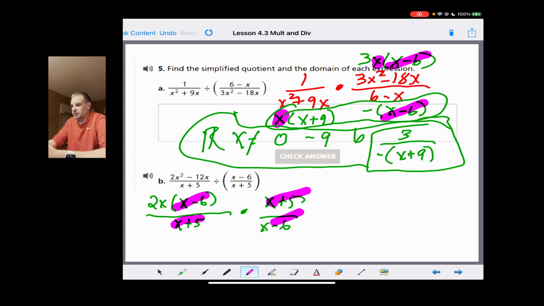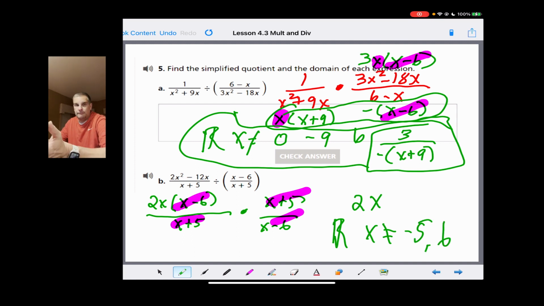Cancel, cancel, cancel, cancel. The solution to this is 2x, all reals. x cannot be negative 5 and 6. And you're done.